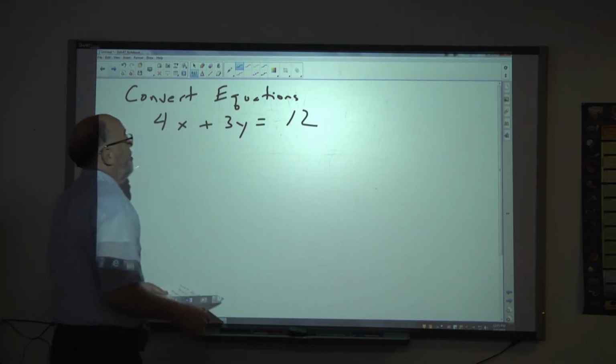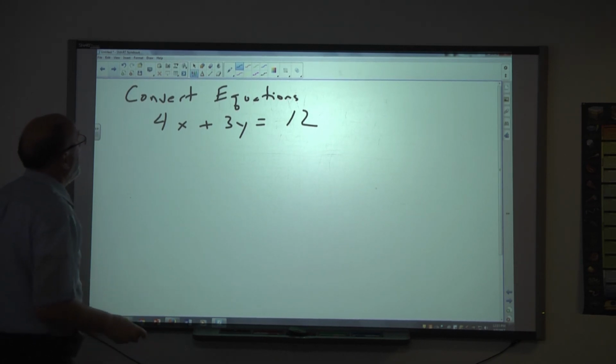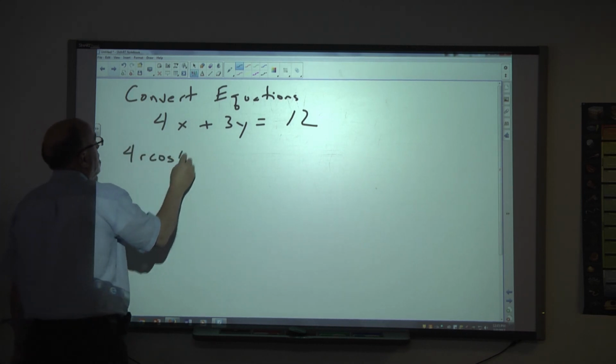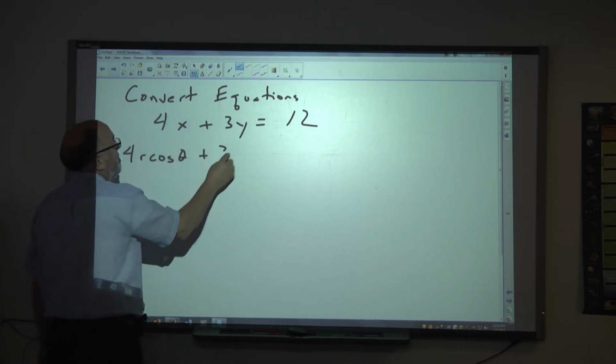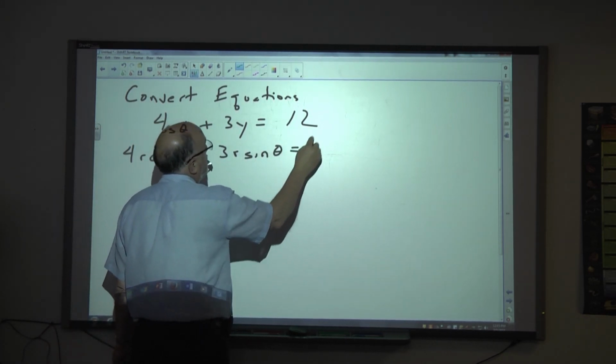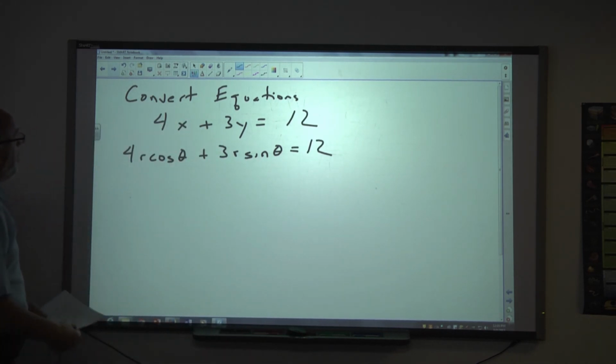That is an xy rectangular equation. I want to convert that to a polar equation. Well, x is given by r cosine theta, so it would be 4r cosine theta plus 3r sine theta equals 12. And generally, a polar equation will be in terms of r equals something.